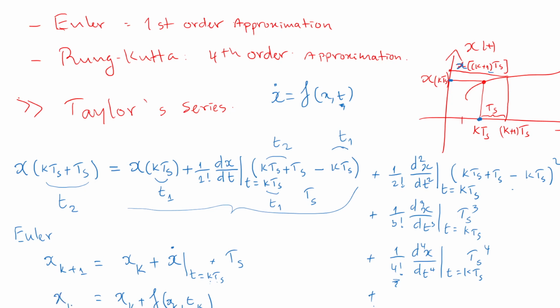So this is first order, right? Because you take only the first time derivative. You take up to the first time derivative. And then for the Runge-Kutta method, fourth order actually, the method takes up to the fourth order here.